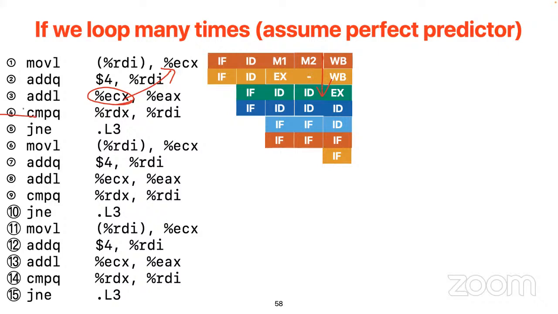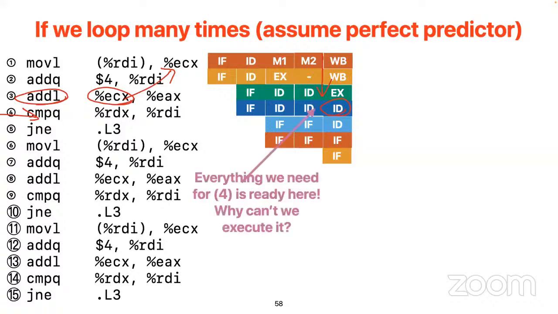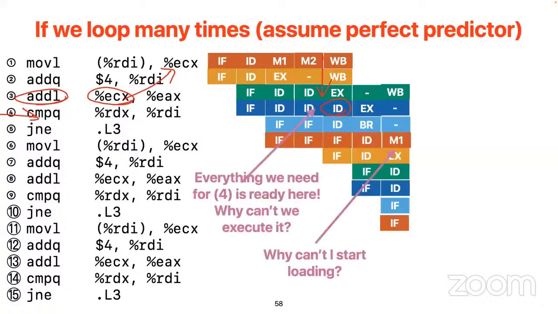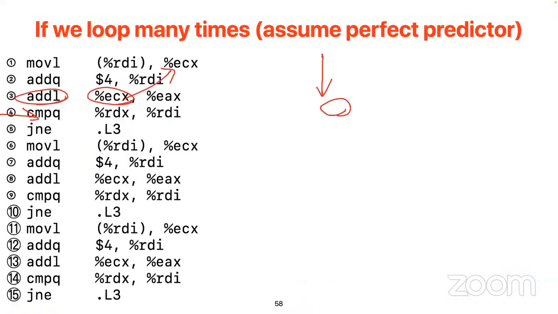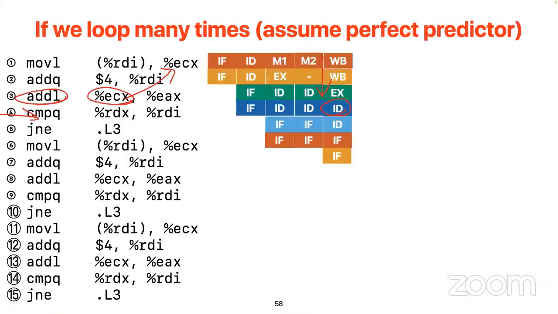And for this compare instruction, because we only have one execution unit for ALU operations, like comparison, and comparison is essentially like a subtraction, it will share the same ALU as the addl instruction. And this is called a structural hazard, right? So we do have a structural hazard here that we have to stop this instruction. So it turns out, even if we have a perfect predictor, we are still not able to fully utilize our pipeline in this way.